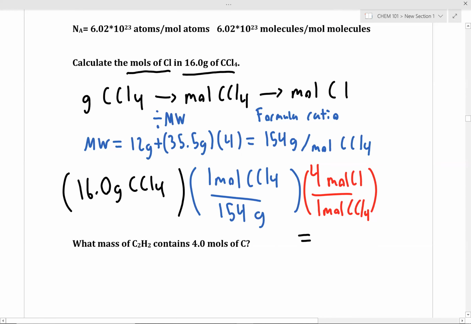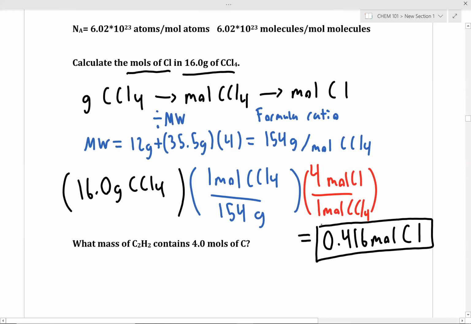And that should give us 0.415 that we round to 0.416 moles of just atomic chlorine. Does it make sense? Does our number reported match the sig figs in our input? Yeah. 3 sig figs in, 3 sig figs out.